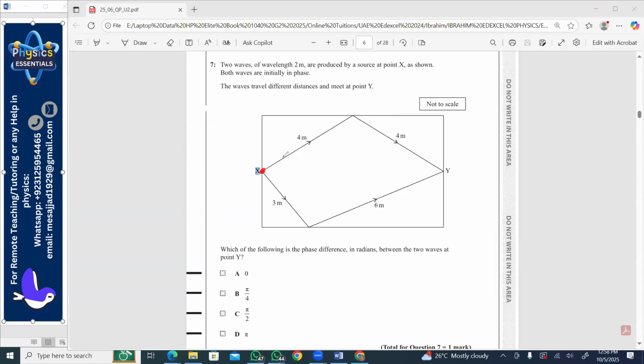One is traveling a path of, this is 1 and this is 2. Path 1 is about 4 plus 4, 8 meters, and path 2 is about 3 plus 6, 9 meters. Okay, so they are now having an interference here.